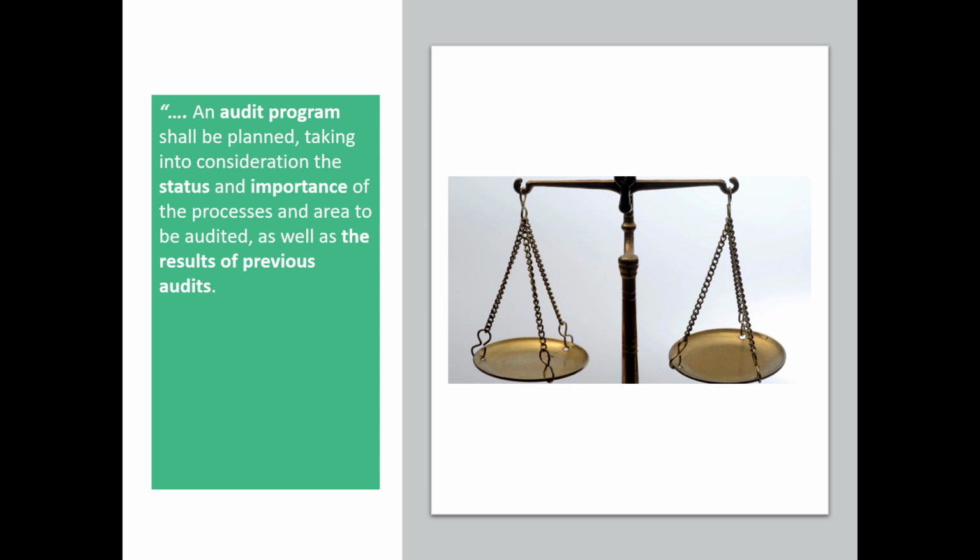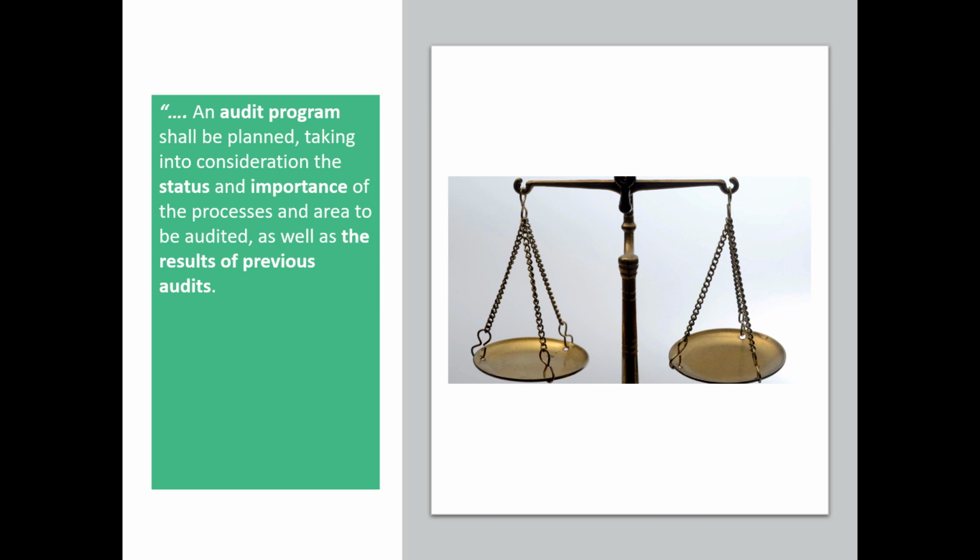You have to consider what the most important areas in your company are regarding quality issues. Perhaps you have one production area that has lots of issues. Therefore, maybe you need to audit that area more regularly. Perhaps there is an area that is new, a new process. You might need to audit that area more frequently.